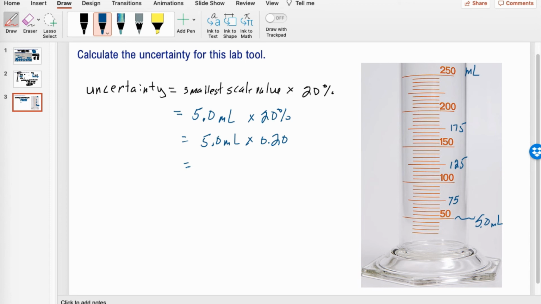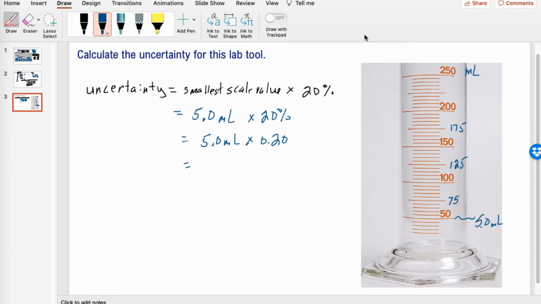If you look at this, you've got a 5 and you've got a 2. 5 times 2 is 10, right? But here, what we've got is times 0.2, 20% of it. It's like 1/5 of it for the most part, right?